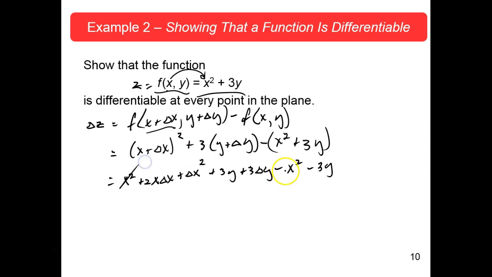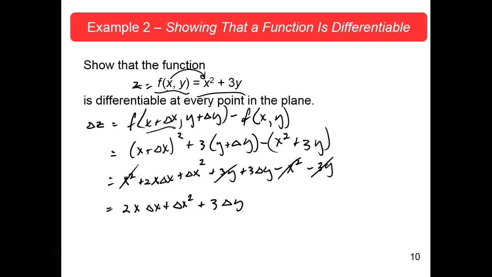Well, the x squareds go out and the 3y's go out. They subtract to 0. So your delta z is 2x delta x plus delta x squared plus 3 delta y. Okay?